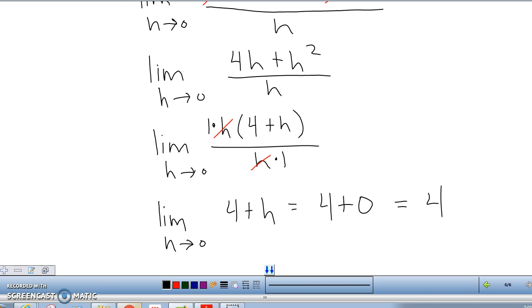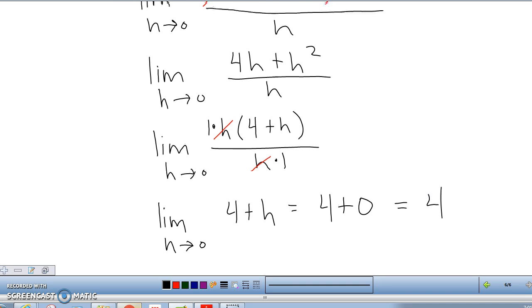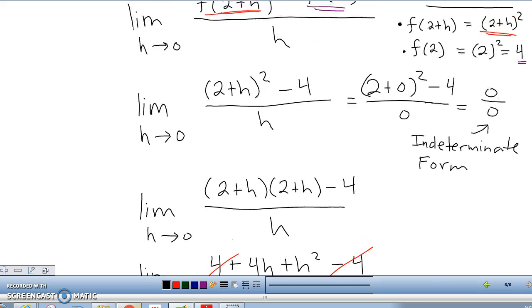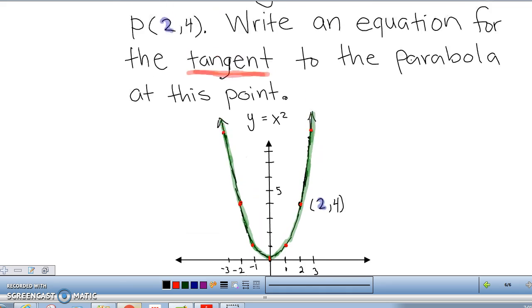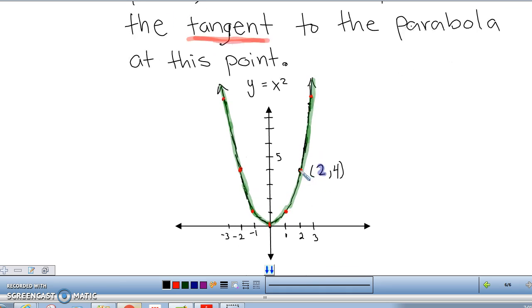So what does this answer mean? Let's go back to the graph. At this point, if I draw the tangent line, I'm just going to eyeball what the tangent line at this given point would look like.